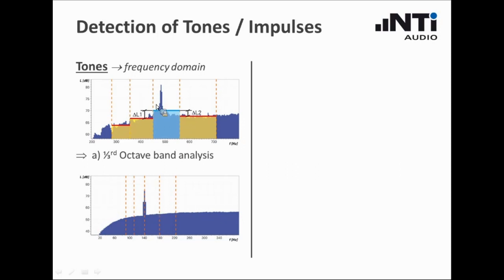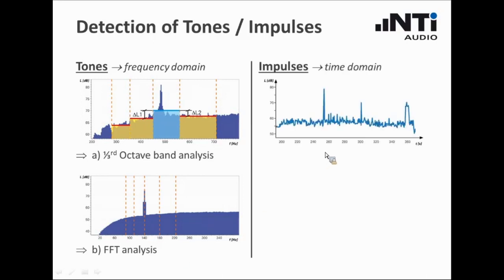Because if we would apply this method, we would hardly be able to detect this tone. So here we need another approach. I will come back to the details of that a little bit later, but basically keep in mind this is the FFT-based analysis of tones. So we have a third octave-based analysis and an FFT analysis.